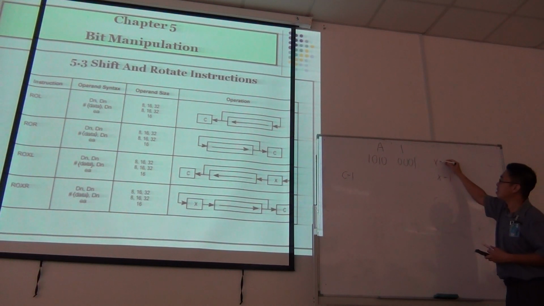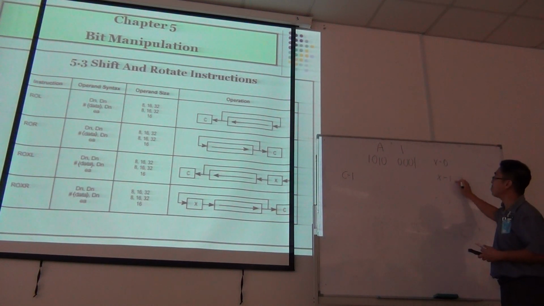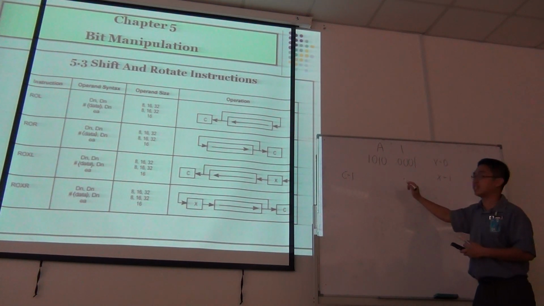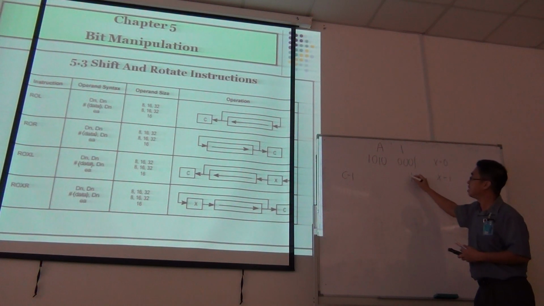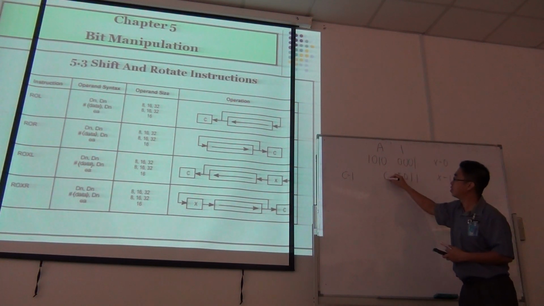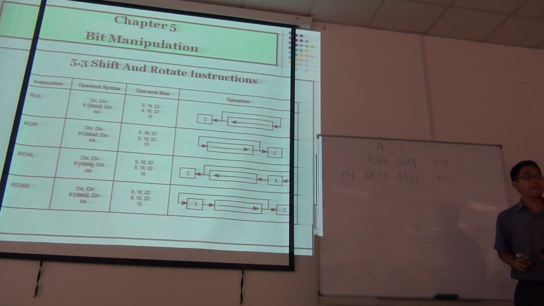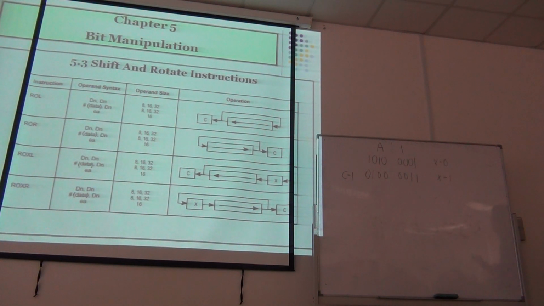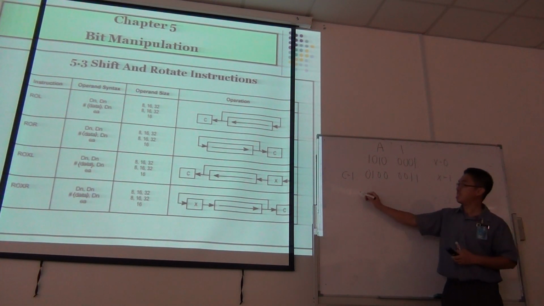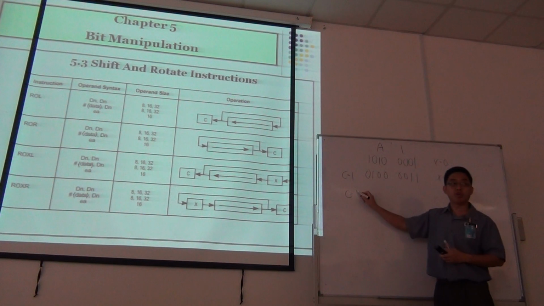The initial value is 0, so the same value will be pushed inside here: 1 0 0 0 0 1 0. Correct so far? Okay, now you are going to do it another time. C is equivalent to 0.